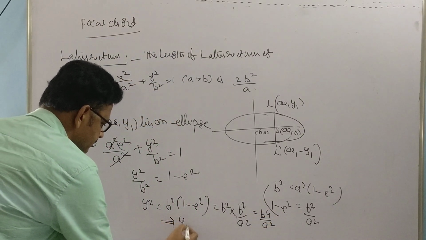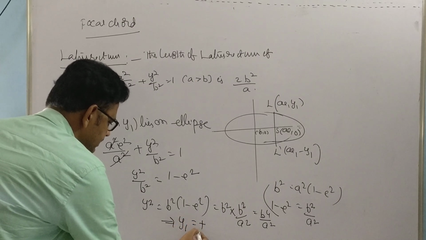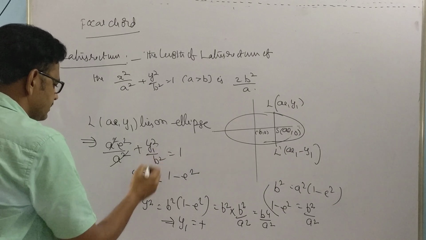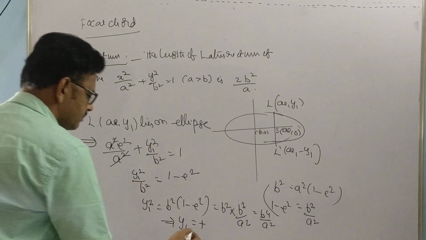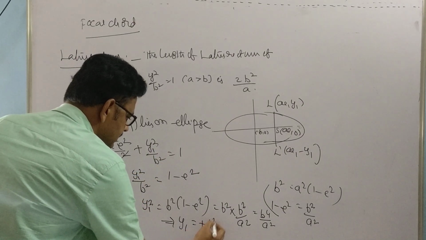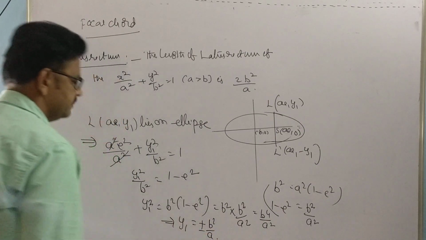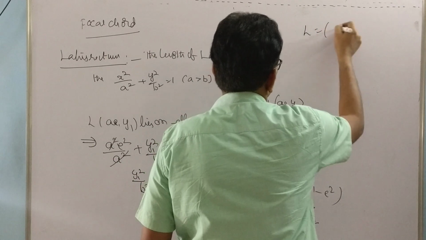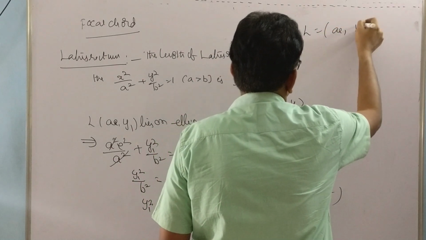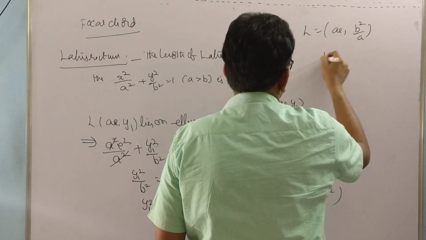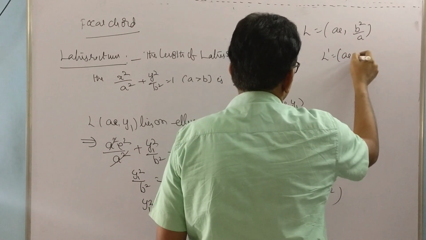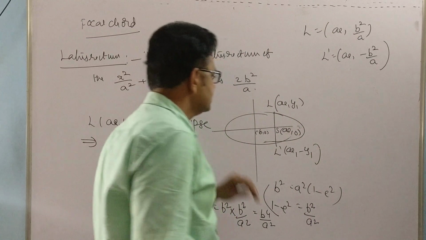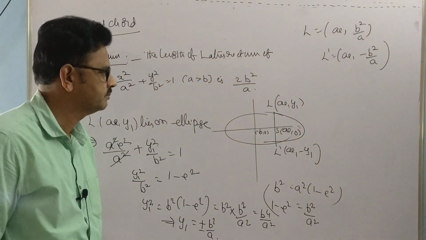Implies y1 equals plus or minus b square by a. Therefore, L coordinates (ae, b square by a) and L dash (ae, minus b square by a) are the ends of the latus rectum.